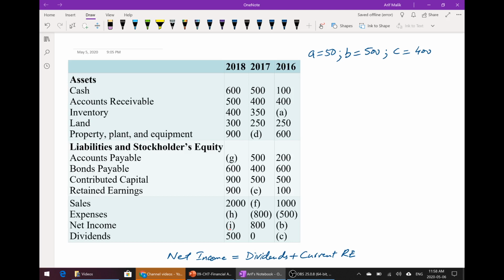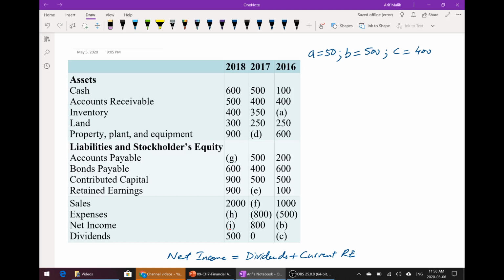In 2017 we have D and E and F. Now you can see that we cannot work out D and E because we don't know what these values are for the balance sheet. But we can work out F first, and from working out F we can work out our retained earnings, and from the retained earnings we can find out the E and then of course D also.